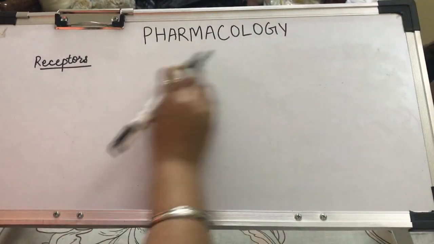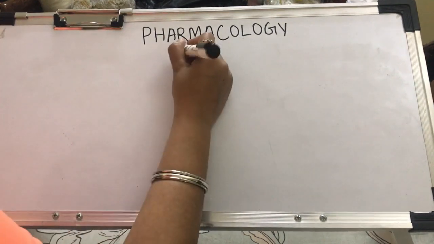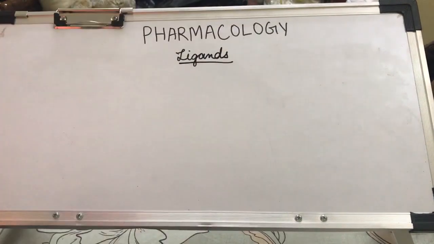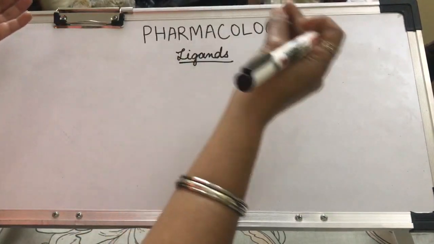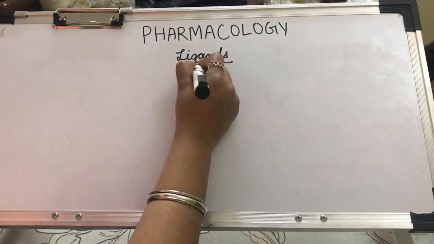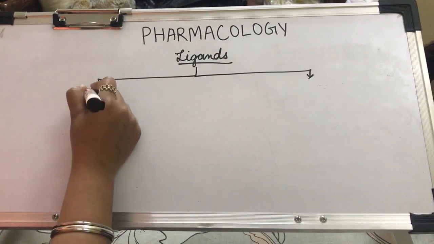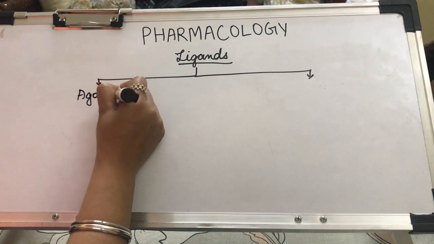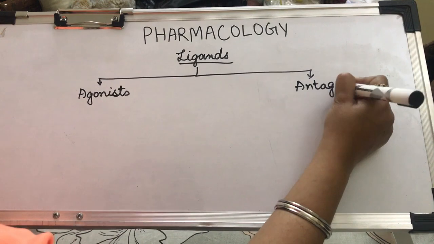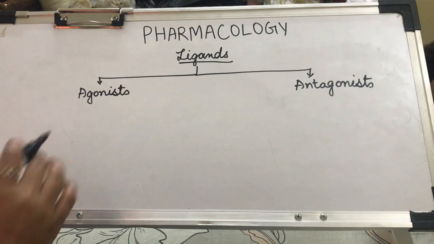When we were talking about receptors, I used the term ligand, or some say ligands. These are basically the substances which come and bind to a receptor. These ligands can be of two types: agonists and antagonists.